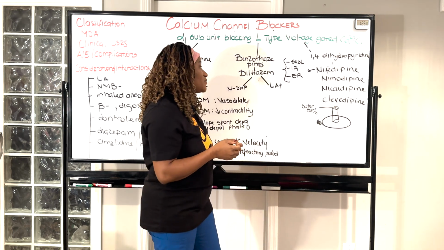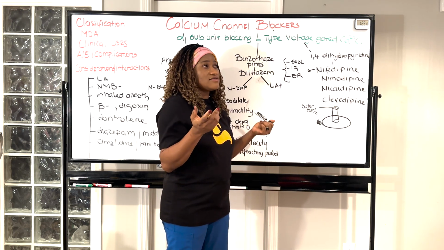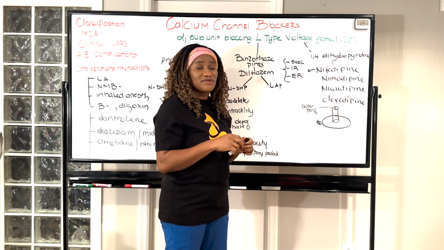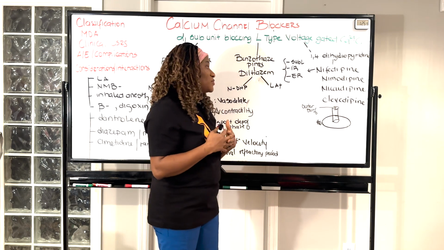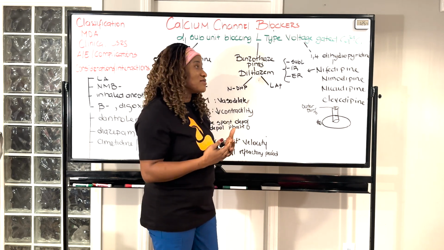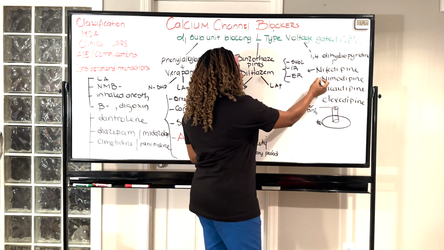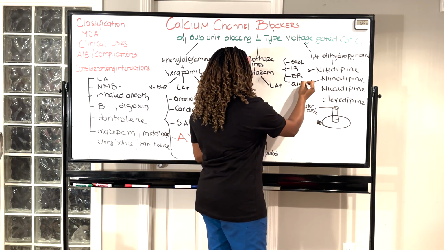Most of the time we give nimodipine to patients who have subarachnoid hemorrhage, like a bleed in the brain, because we want to contain and prevent or stop the vasospasm going on. And nimodipine has to be given over a period of 21 days.